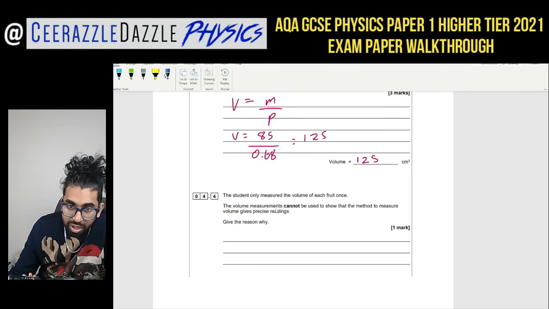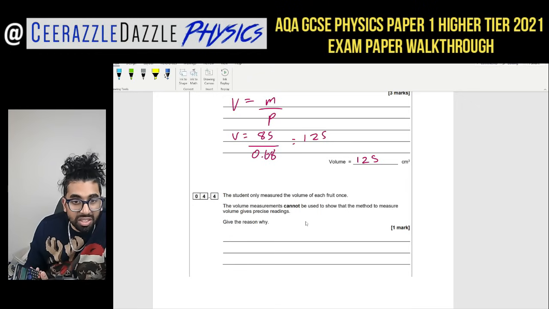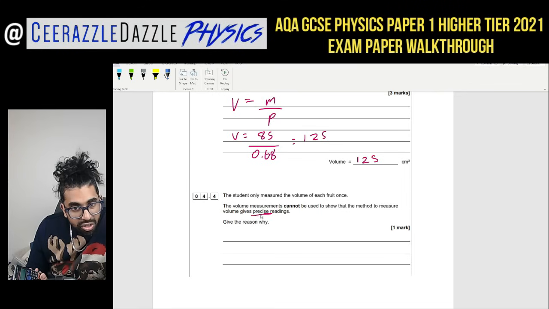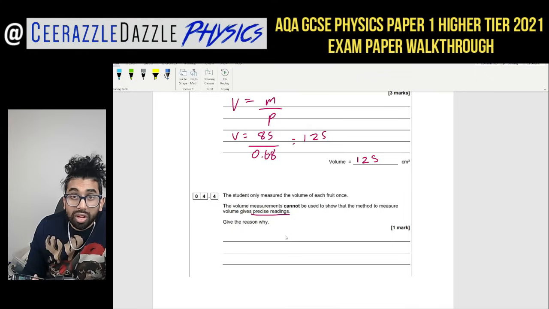The student only measured the volume of each fruit once. The volume measurements cannot be used to show that the method to measure the volume gives precise readings. Why? So this question looks quite difficult, but it's basically asking you, do you understand what the word precise readings mean? Right, precise readings simply mean that all your results are close together.